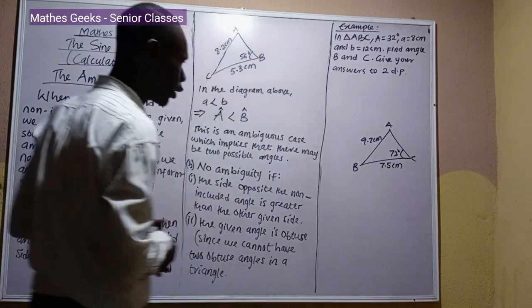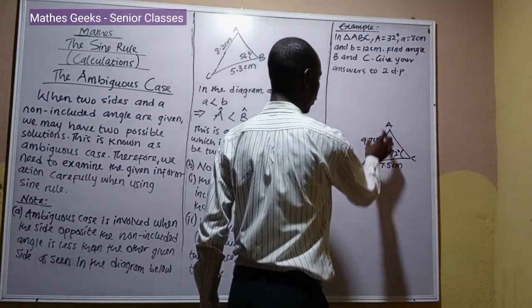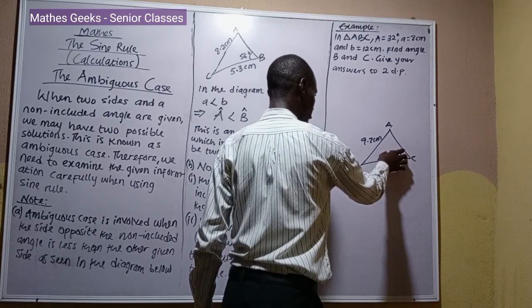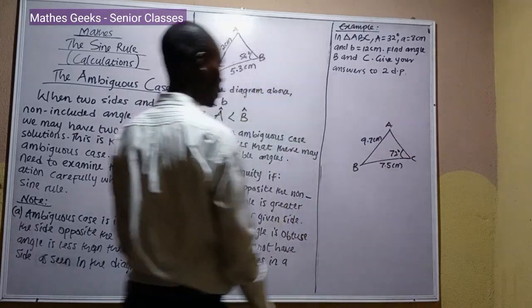This fulfills the sine rule, because we have a side opposite a given angle, and a side opposite a non-given angle.